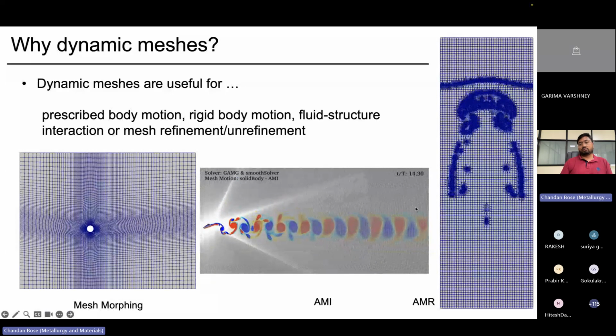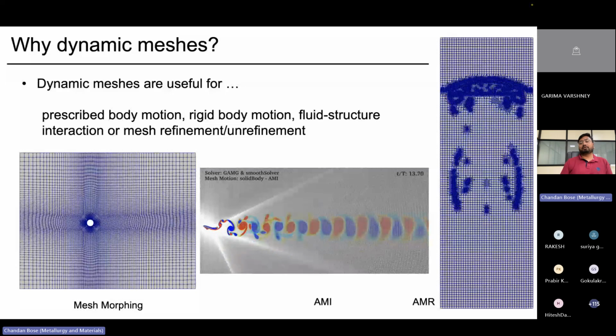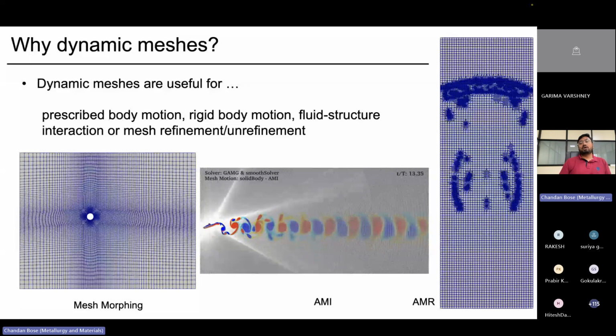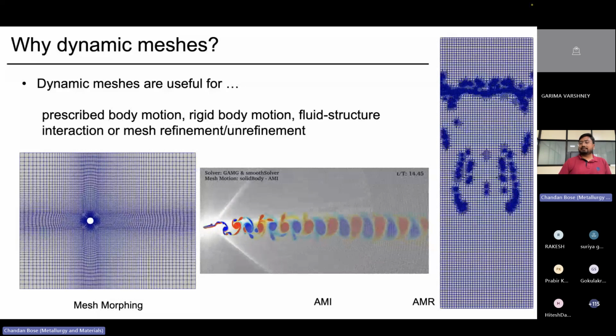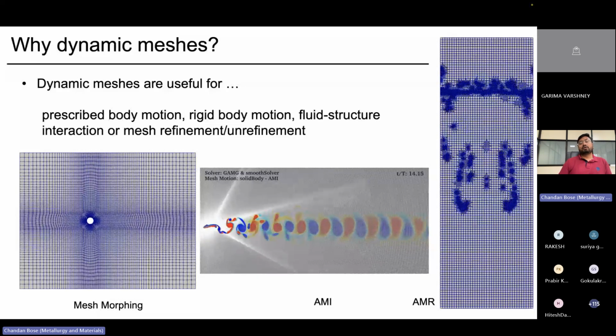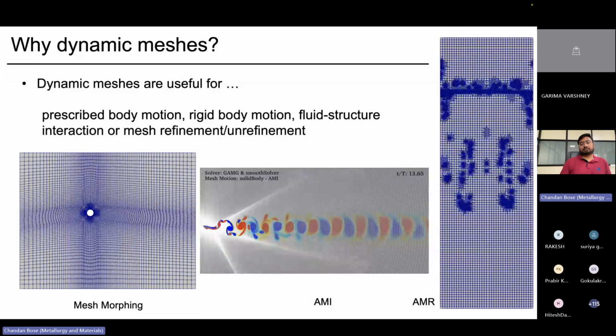Okay. And the third example, as I have already told you, is an example of adaptive mesh refinement, where my mesh gets divided into smaller cells depending on a criterion given with a target scalar variable that we want to capture. All right.